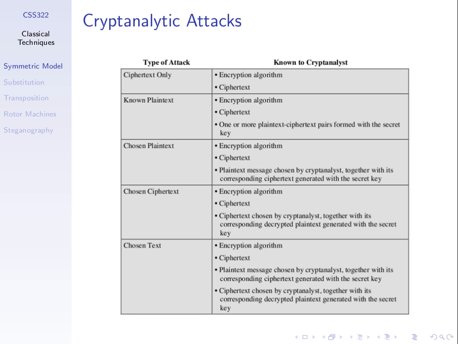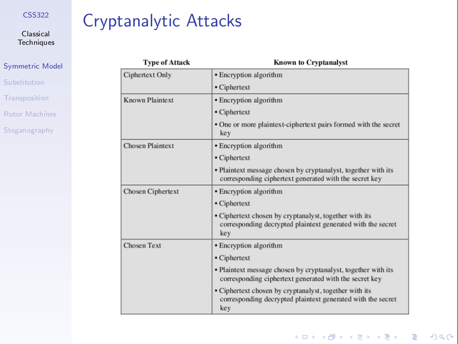Now in that case the attacker knows what P2 is because they created it and sent it to A somehow, and they know the ciphertext C2. They don't know the key. In that case, the attacker chose the plaintext.